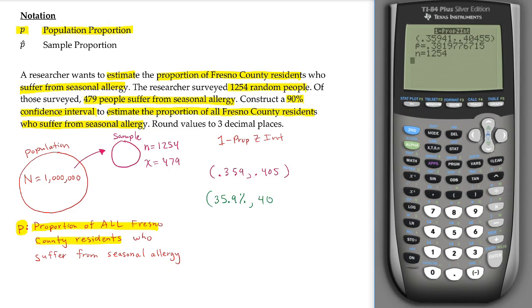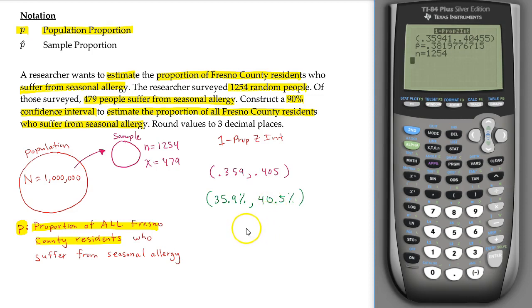So 0.405 is 40.5%. So what we're saying here in this problem, given this interval, is that the p, the proportion of all Fresno County residents, is between 35.9% to 40.5%.